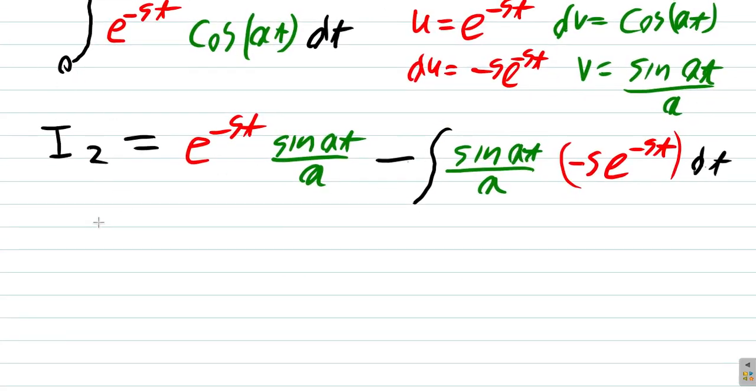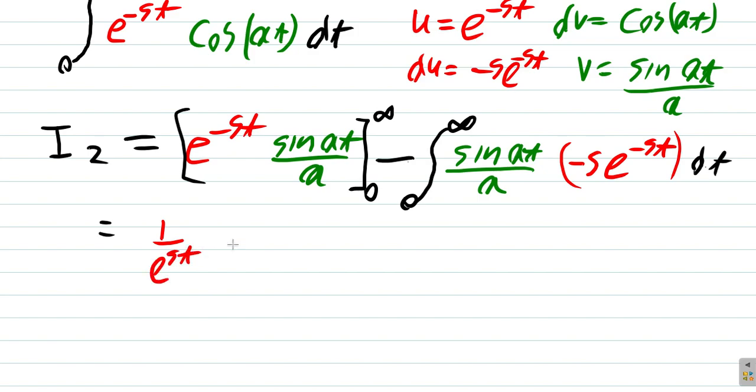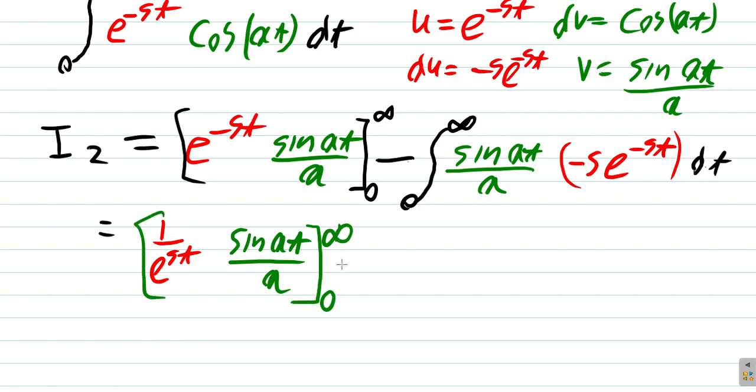So this is equal to, now we're going from 0 to infinity, so what we have here is 1 over e to the st times sine at over a, from 0 to infinity, minus. Okay, we have two minuses here, this and this, multiply, so we get a plus here.